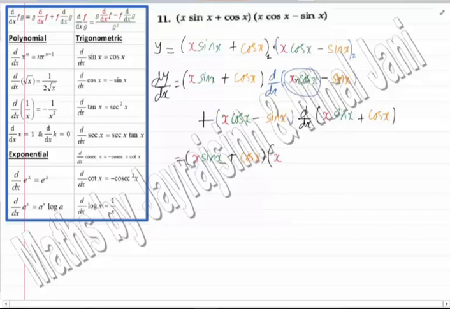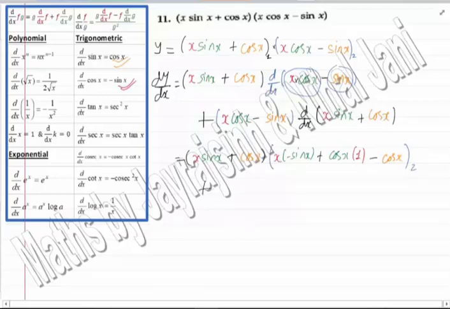X is as it is, differentiation of cos x, let me put it direct, minus sin x plus cos x will as it is, differentiation of x, which will be 1. Okay, now the differentiation of second term, sin x, differentiation is cos x. So here we successfully differentiate our second bracket.